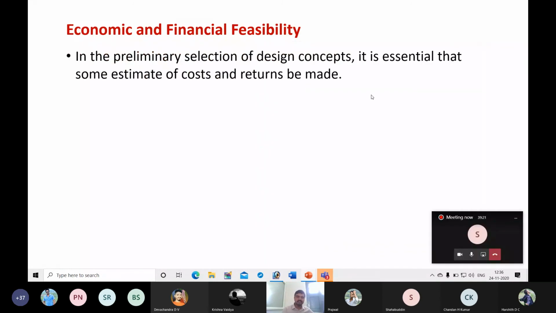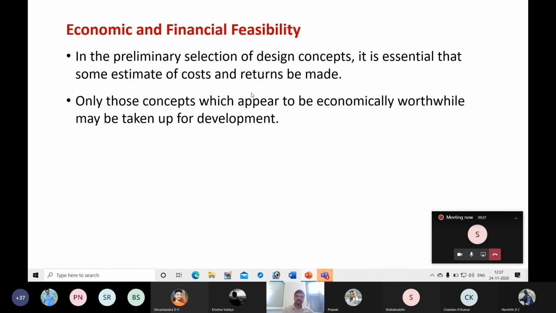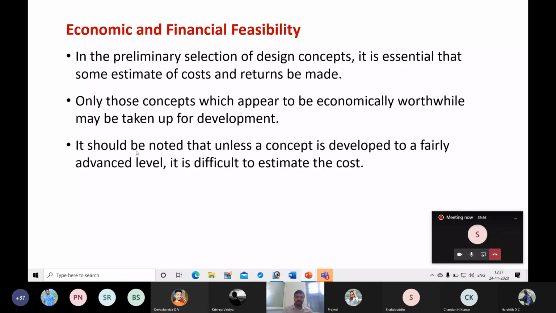Okay, first economic feasibility. In the preliminary selection of design concepts, it is essential that some estimate of costs and returns be made. This we have studied in engineering economics, how to make these estimations. Only those concepts which appear to be economically worthwhile may be taken up for development. It should be noted that unless a concept is developed to a fairly advanced level, it is difficult to estimate the cost.